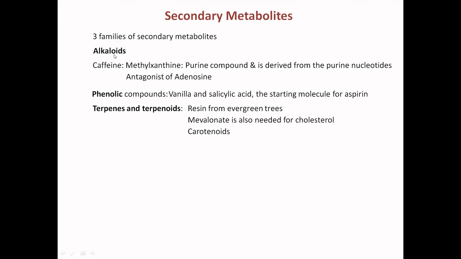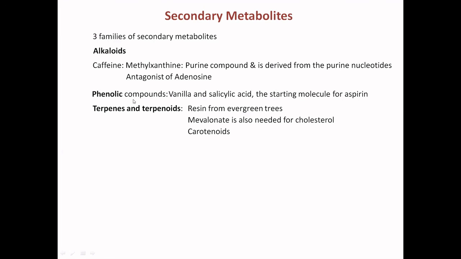One example is caffeine, an alkaloid with the chemical name methylxanthine. It is a derivative of the purine compound, derived from the purine nucleotide, and it works as an antagonist of adenosine. In our brain there is a receptor, and if adenosine binds to it, we feel sleepy. Caffeine almost looks like adenosine, so it binds to this receptor, and adenosine cannot bind, so we don't feel sleepy.